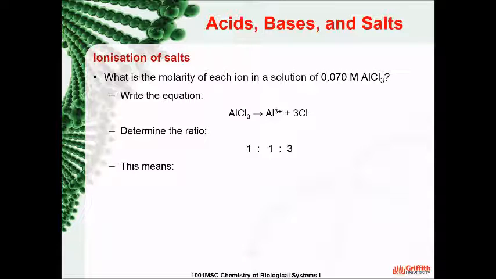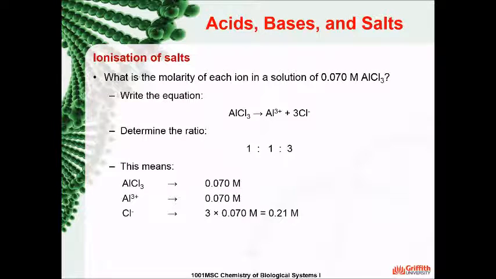So the molarity of each constituent is: AlCl3 is 0.07 molar, Al3+ is 0.07 molar, and Cl- is 3 times 0.07 molar, which gives 0.21 molar.